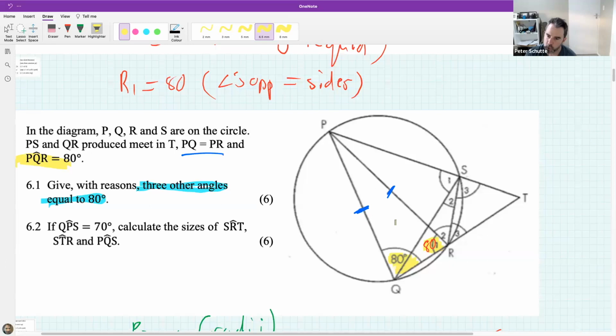Look at you guys coming up with very insightful things. There's been recognition in the chat that this thing over here is in fact a cyclic quadrilateral, which opens up certain possibilities.